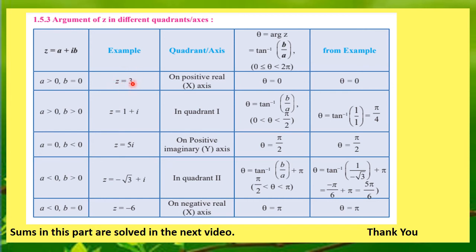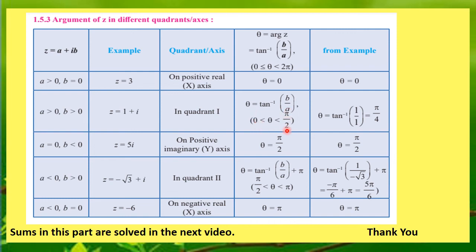Now a greater than 0 and b greater than 0. That is, both a and b are positive numbers. So we can take an example as z is equal to 1 plus i. Both the x coordinate, the real part, and the imaginary part are positive, which means the point lies in the first quadrant. In the first quadrant, theta lies between 0 and pi upon 2.